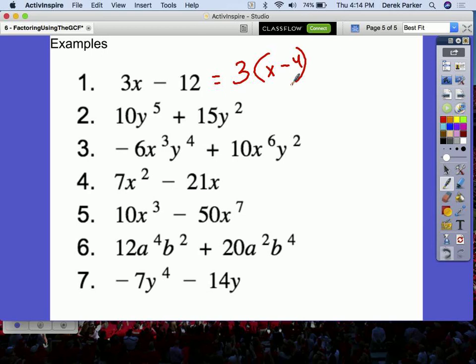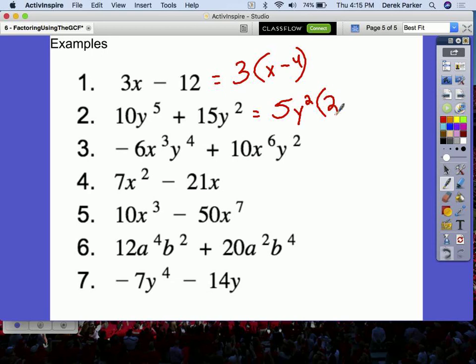And number 2, I first look at my coefficients, 10 and 15. The greatest common factor of 10 and 15 is 5. And then I look at my y's. The greatest common factor of y to the fifth power and y to the second power is y to the second power. When I divide 5 into 10, I get 2.